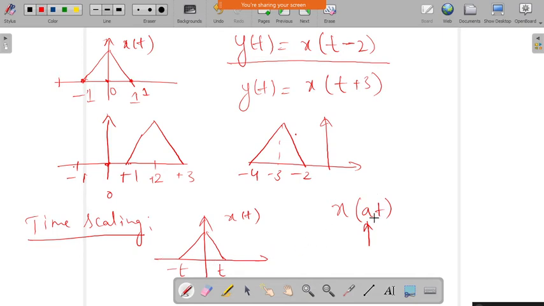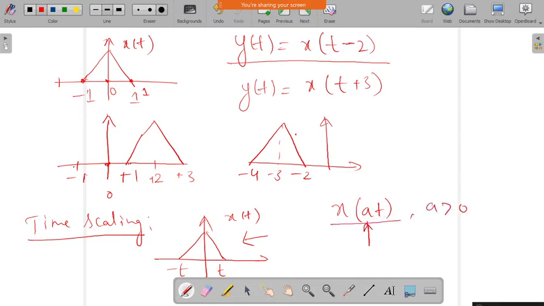Based on the value of a, whether the signal is expanded or compressed, we can get that version. Now the value of a, if it is greater than 0, always it should be greater than 0, then it is a compressed version. If it is less than 0, then it will give a reflection, so that we will see. So for this case, assume a is greater than 0.